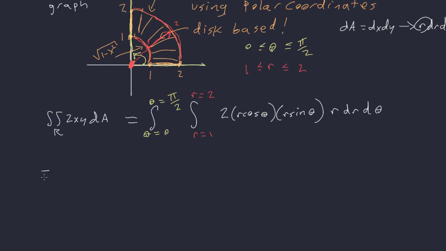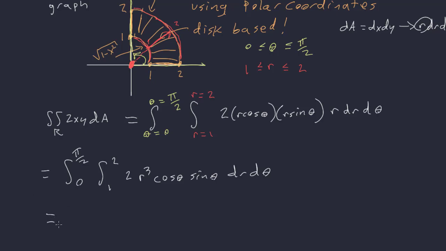So you get the integral from 0 to pi over 2, the integral from 1 to 2 of 2r cubed cosine theta times sine theta dr d theta.